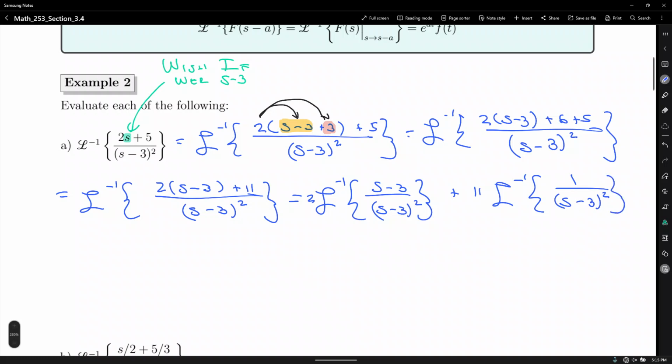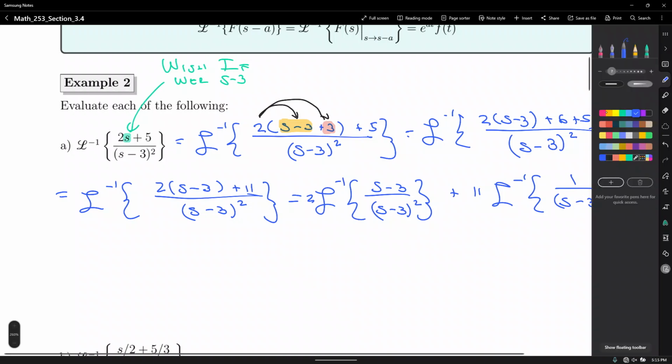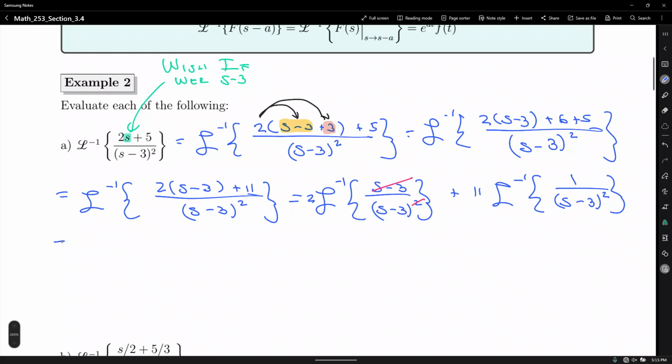Now, here's the thing. For the first term, we have a power of s minus 3 in the numerator that could be canceled with one of the powers in the denominator. So that's 1. And that is 2 times the inverse transform of 1 over s minus 3. And actually, this is going to be a very straightforward one. There's no need for a translation theorem.